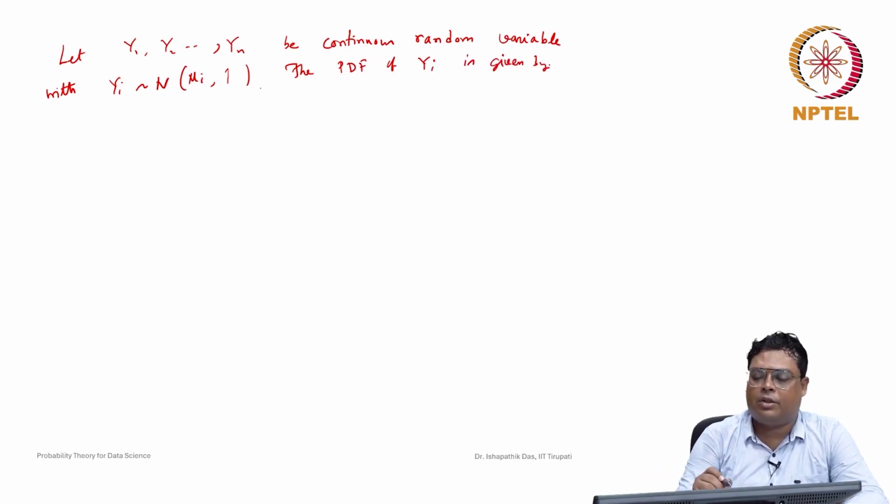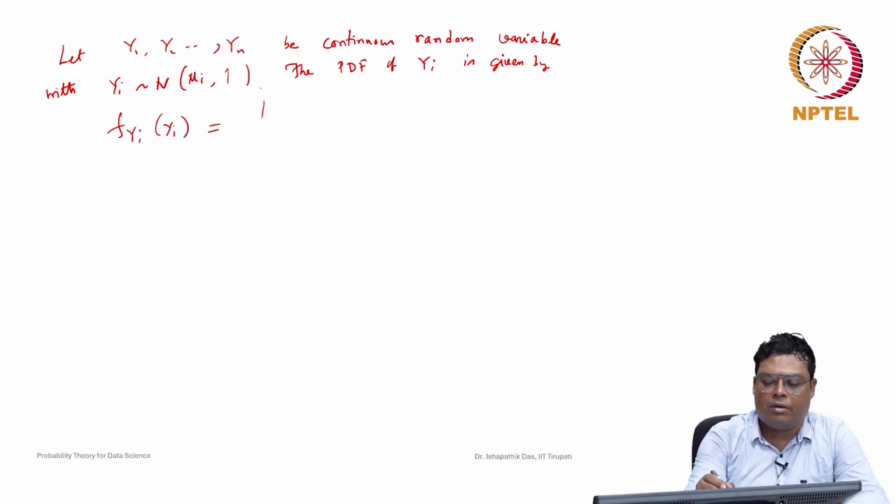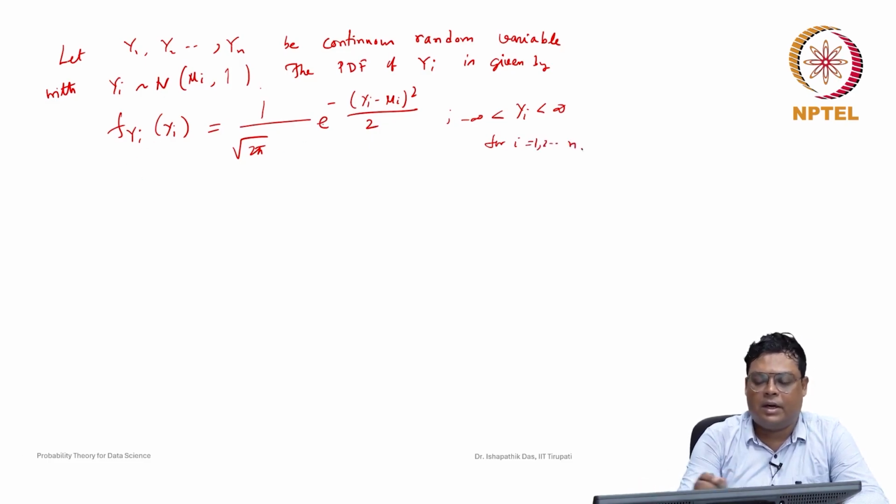Because it is a normally distributed random variable, f of yi is 1 by root 2 pi, where sigma is 1, e to the power of minus (yi minus mu i) whole squared by 2 sigma squared, which is 1, where yi can take any value between minus infinity and plus infinity, for i equal to 1 to n. This is the density function of every Y1, Y2, ..., Yn, represented in this notation for i equal to 1 to n.